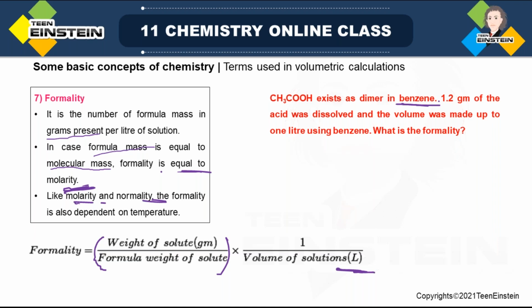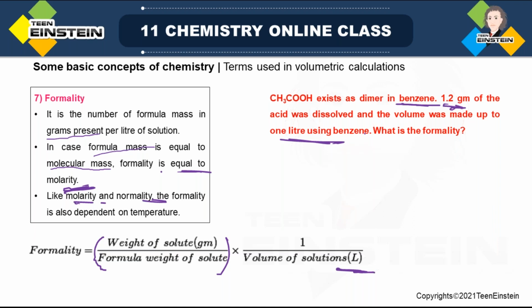Suppose you have taken acetic acid in benzene and there is dimer formation, and the mass is 1.2 gram, which is the given mass of the solute, and the final volume was made up to 1 liter using benzene. So there is 1.2 gram of solute, and the final volume is 1 liter. From this information we have to find what is molarity, what is formality.